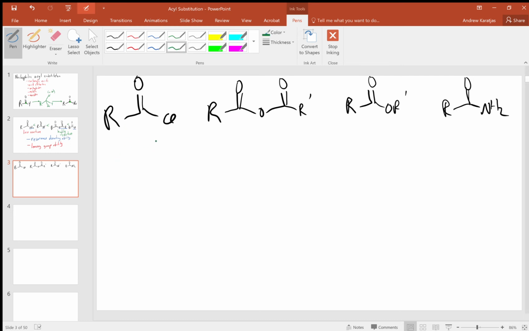Well, starting on the left with our halogen, we know that most halogens, with the exception of fluorine, are good leaving groups. On the other hand, down at the other end, where we would have a negatively charged nitrogen as the leaving group, or some sort of nitrogen leaving group, it's not always going to be a bad leaving group, because if we can protonate it first and make the leaving group neutral, it's not going to be a bad leaving group, but it's certainly not anywhere near as good as the halide.